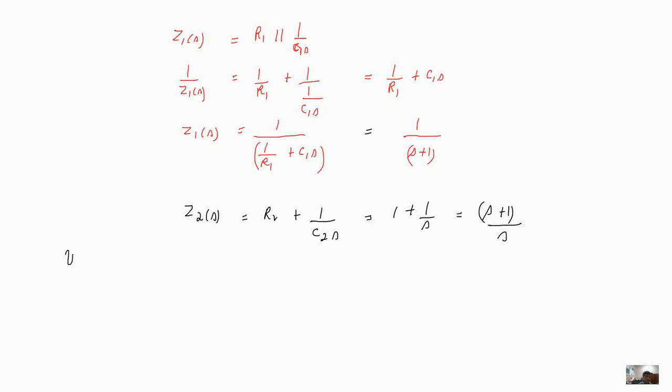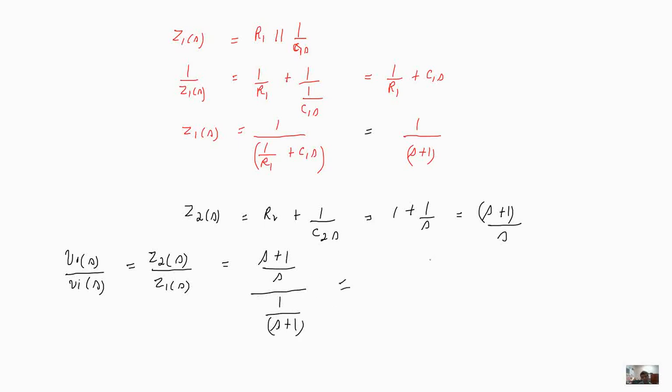So V out of s over V in of s will be equal to Z2 of s divided by Z1 of s. Here you go. So now Z2 of s will be equal to what? s plus 1 divided by s, and the whole thing is 1 over s plus 1. Well, do a little bit of algebra again.